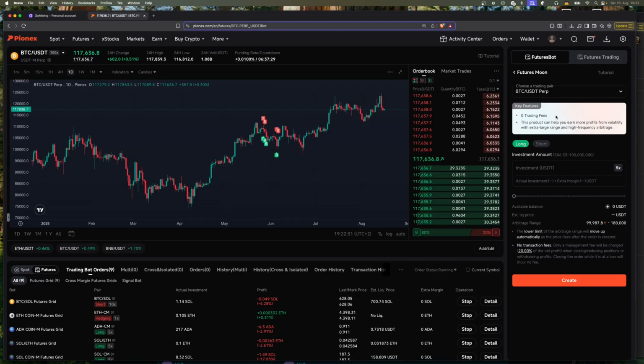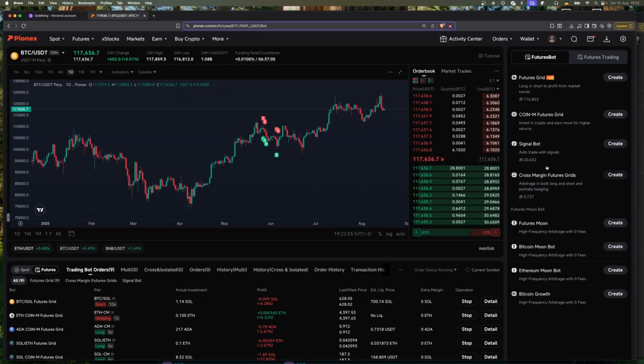So if you close it for a loss, you will not pay anything. And you have absolutely no control over the grids. The grids are super tight, which is actually the benefit of these kinds of bots, because you have a lot of arbitrage and you do not pay any trading fees on the arbitrage. So these are perfect, for example, for Bitcoin and for other stuff.